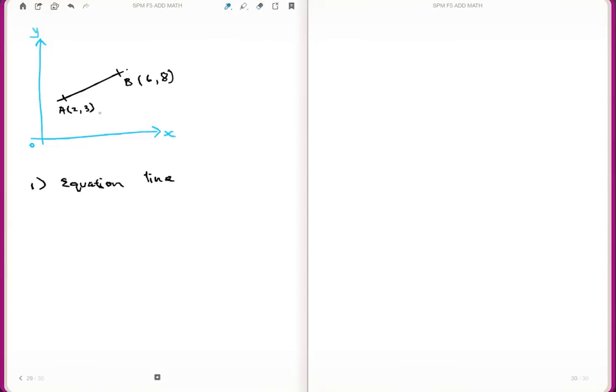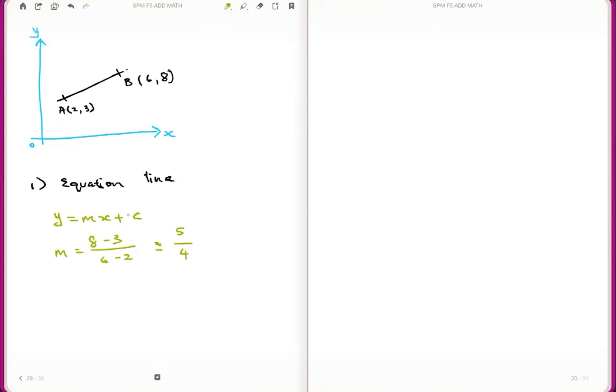You may still make use of the previous working. First of all, y equals mx plus c. Your gradient m equals 8 subtract 3 over 6 subtract 2, that would be 5 over 4.